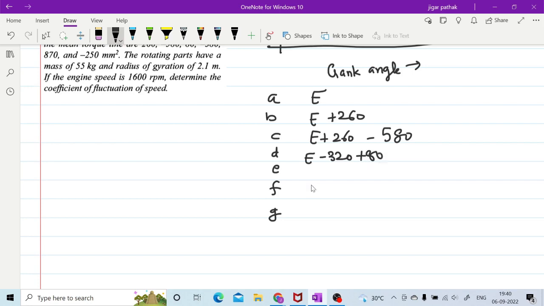If you keep on going to the final point, you will find that at point G it is again the same.